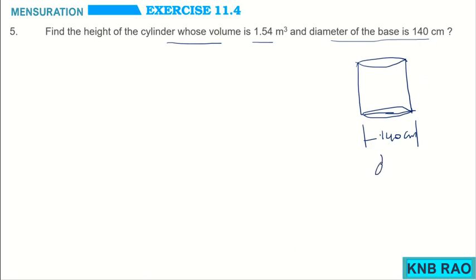That means from D I can find R, which is 70 centimeter, and I don't know the height. I assume it as H.